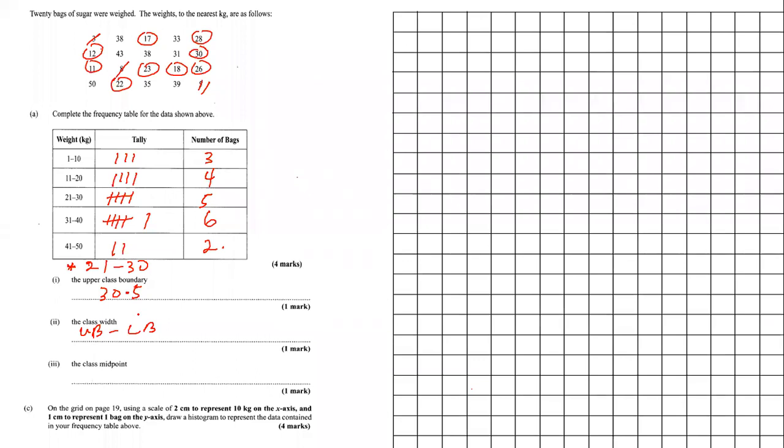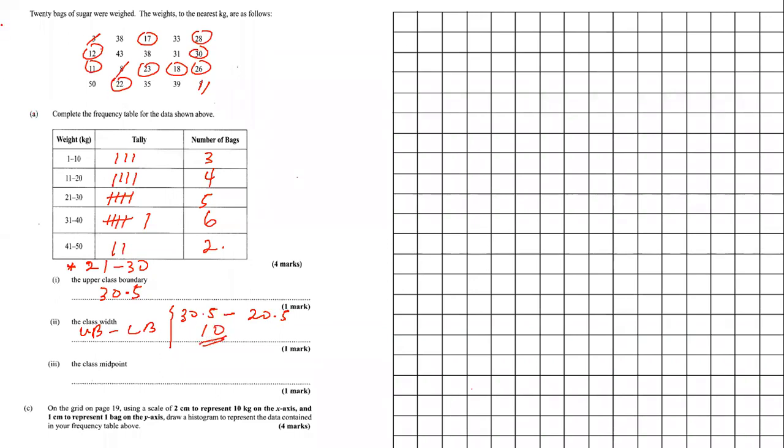Everybody get that? Same 21 to 30. The upper boundary would have been 30.5. But the lower boundary, how do we find the lower boundary for this? Subtract 0.5, so that would be 20.5. So when we work it out, what do we get? 10.